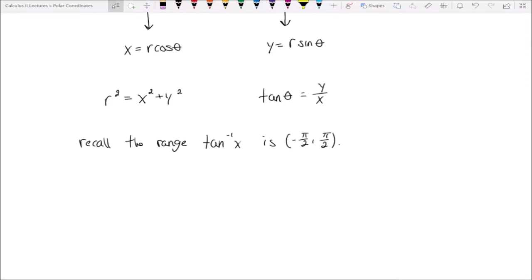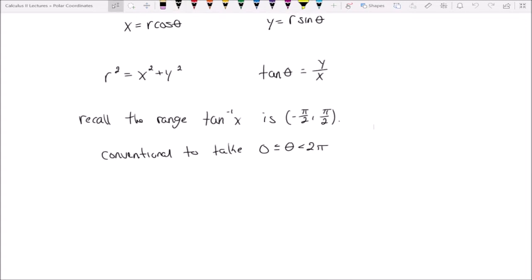However, it is conventional to take theta to be between 0 and 2 pi. With this convention, we find that we get several possibilities for theta.